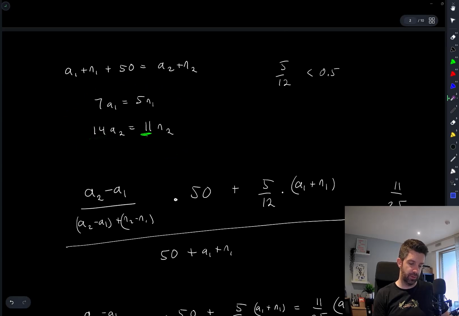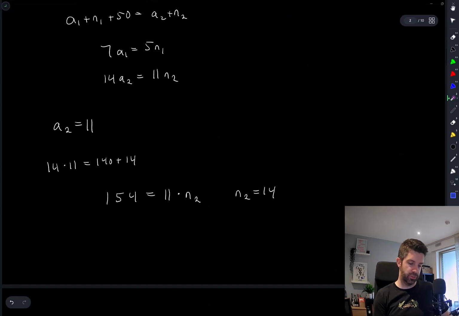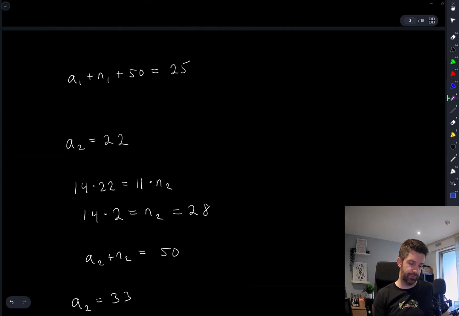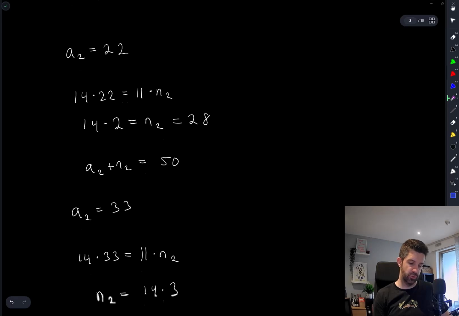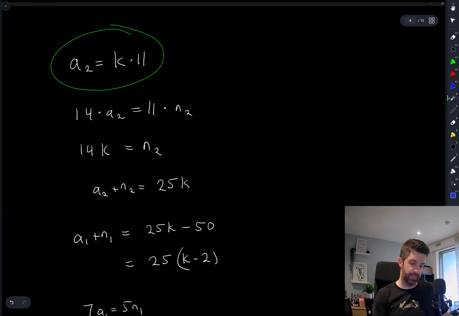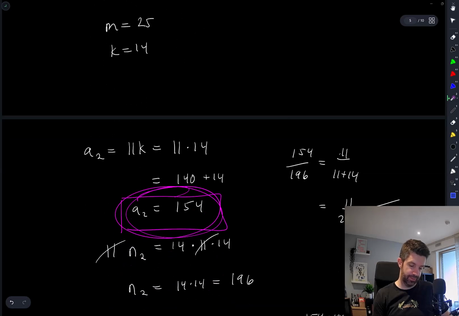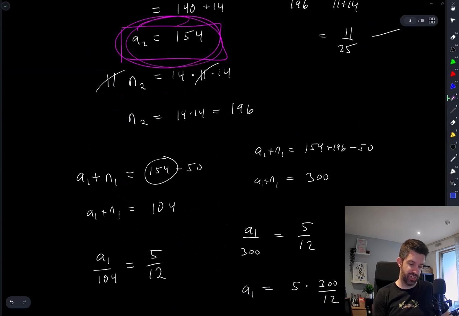Because 14 and 11 are relatively prime and 7 and 5 are relatively prime, A2 obviously has to be a multiple of 11. A1 obviously has to be a multiple of 5. So I probably shouldn't have gone through guessing and checking individual values of A2 and just gone straight to a general setup like this. And then everything I did down here is correct until I wanted to check what the other values were going to be.